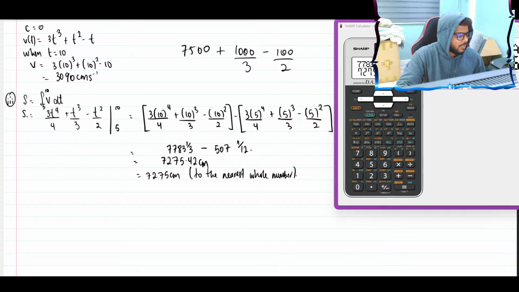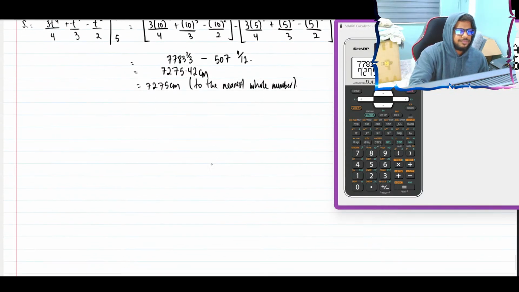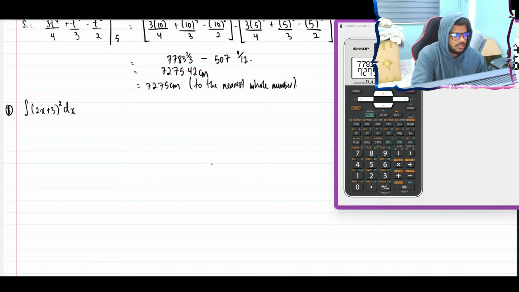Alright. Part B, integration. The integral of (2x plus 3) squared dx. I think it's easiest to just expand this out instead of using integration by substitution here. The integral of 4x squared plus 12x plus 9 dx.